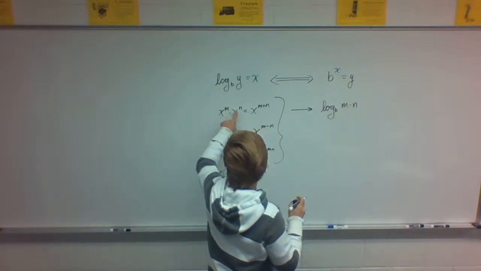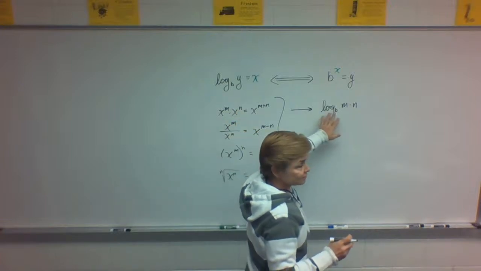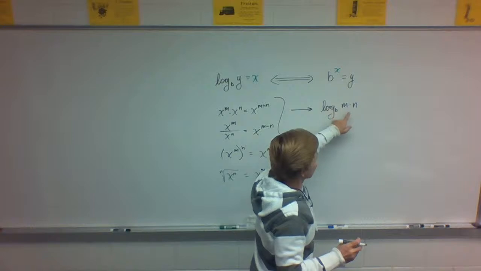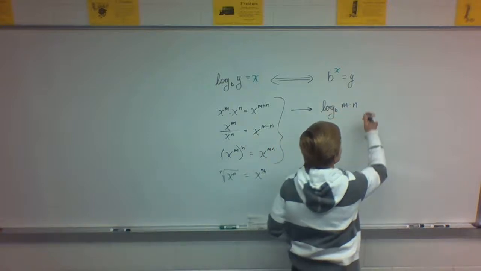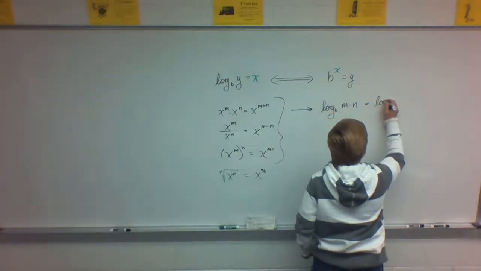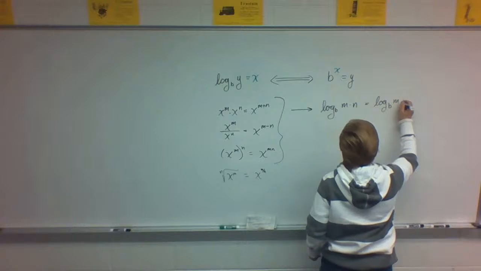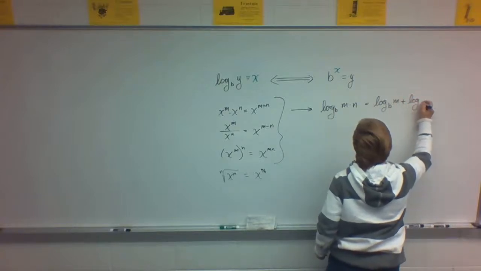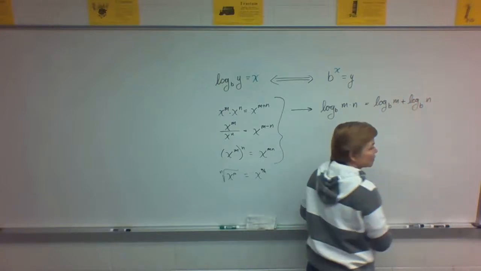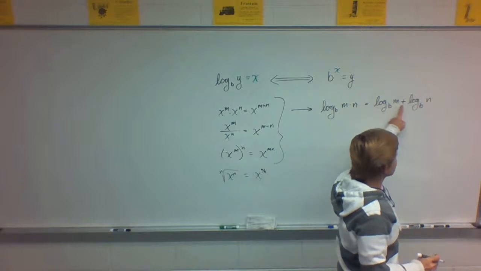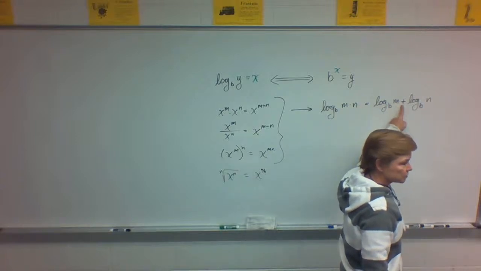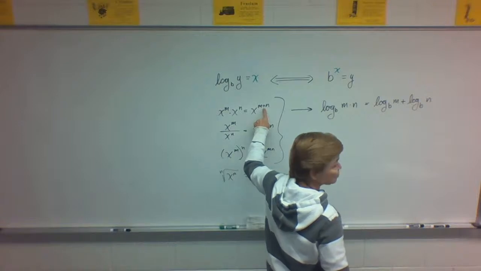But yes, logs are exponents, and I've got the log of a product. So it becomes the sum of two logs. Products become sums of logs because logs are exponents, and it became the sum of exponents.